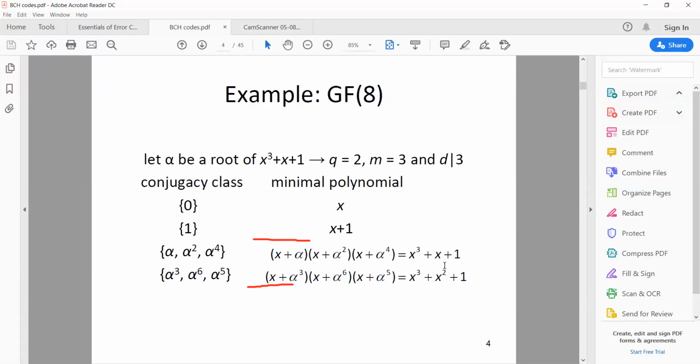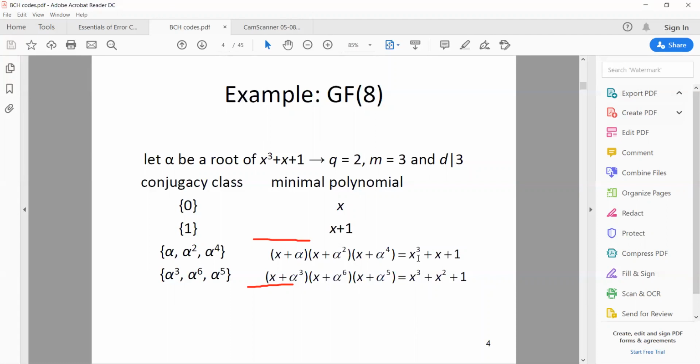So what is the significance? From these possible polynomials, we are considering x cube plus x plus 1 as our generator polynomial in the case of the cyclic code.